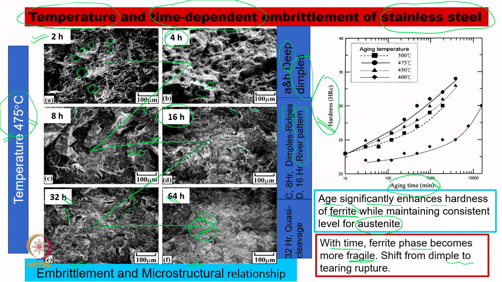And as mentioned here, the microstructure of the fractured surface shows fewer dimples with time, which is the shift from dimple to tearing rupture.